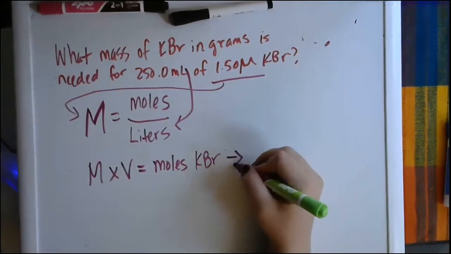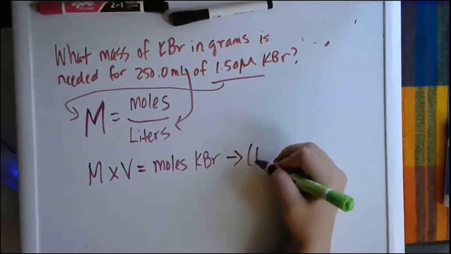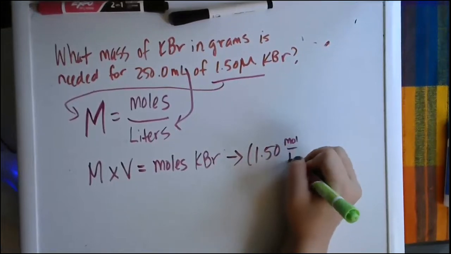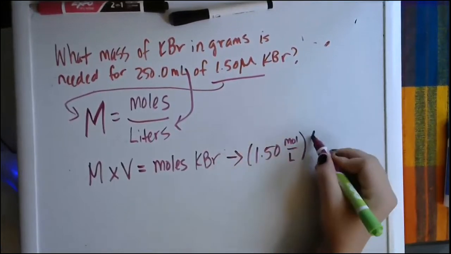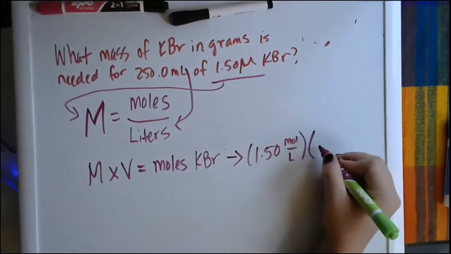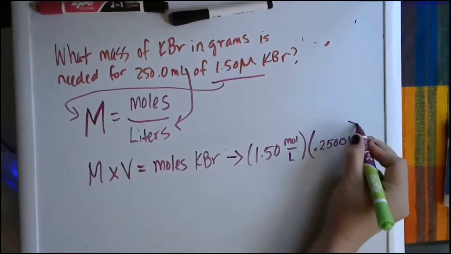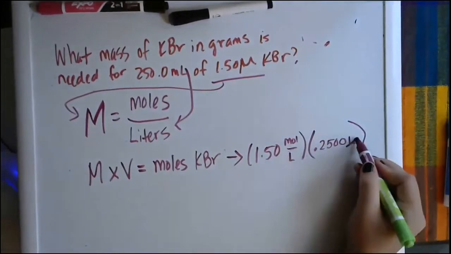Okay, make a little arrow. So our molarity is 1.50 moles over liters. We'll multiply that by the volume in liters, which will be 0.250. Right, our liters will cancel out.